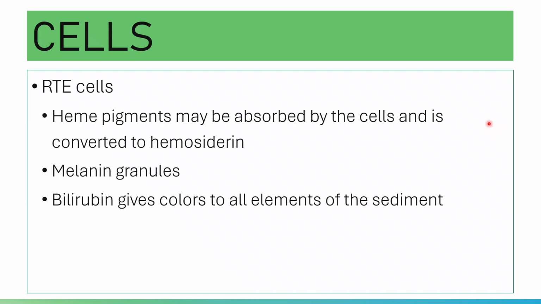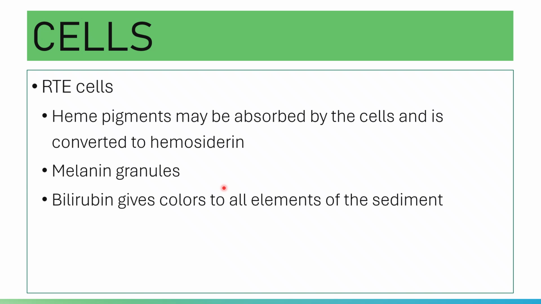What else? Melanin granules. Your renal tubular epithelial cells can absorb melanin granules, however, this is seen only in rare cases of melanuria. Once the cells containing absorbed melanin pigment are desquamated, they will be excreted into the urine.